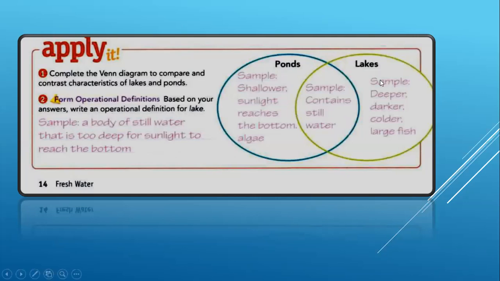On the other side, lakes are deeper, greater, and darker because it's very deep, so the sunlight is not going to reach the bottom of it, and it will be colder too because the sunlight is not going to give heat to it. And also we get larger fish that eat smaller ones.